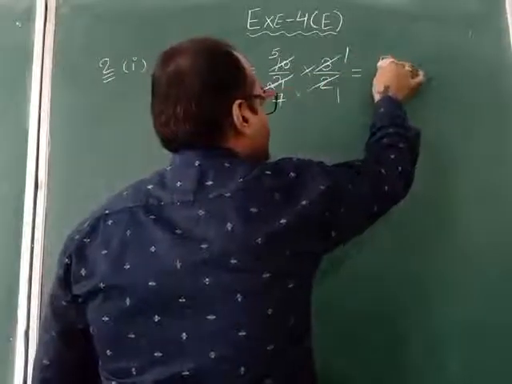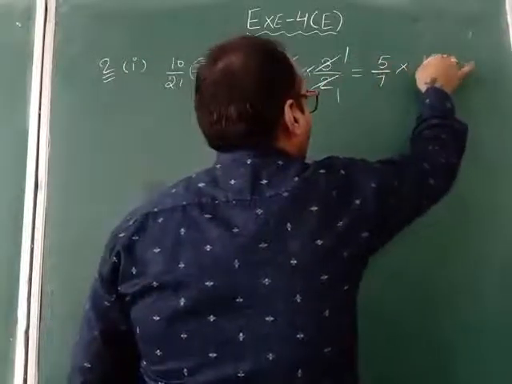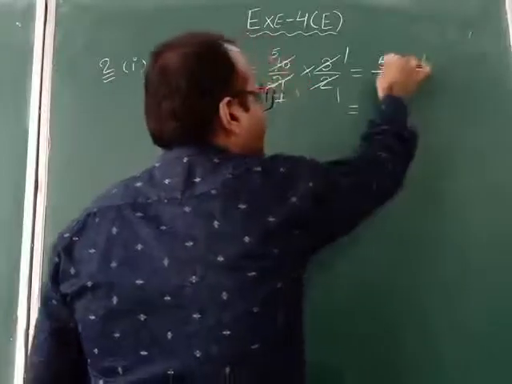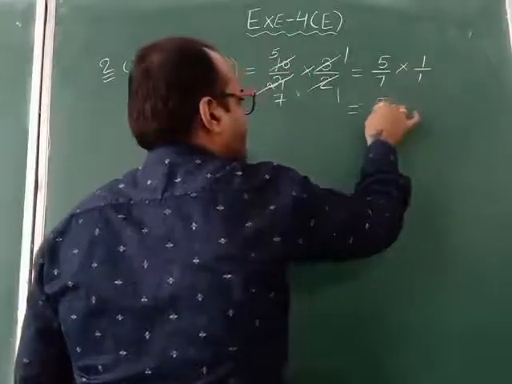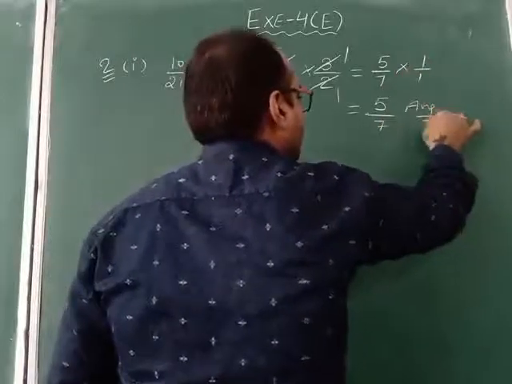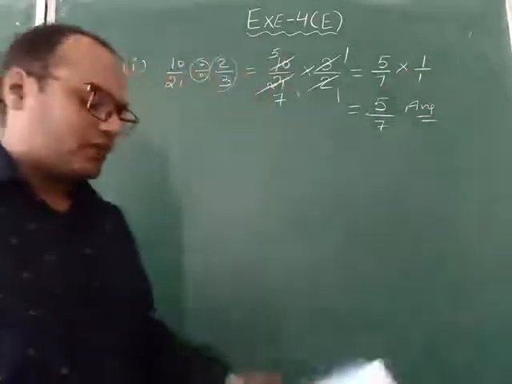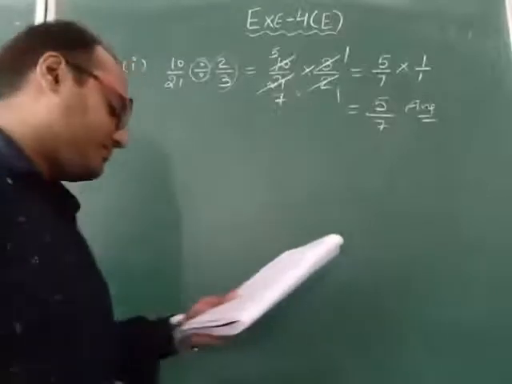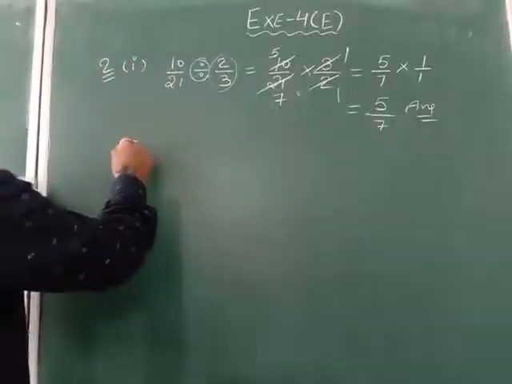So remaining number is 5 upon 7 multiply 1 upon 1. Now 5 multiply 1 will be 5. 7 multiply 1 will be 7. So final answer is 5 upon 7. Now see another part number 3rd.